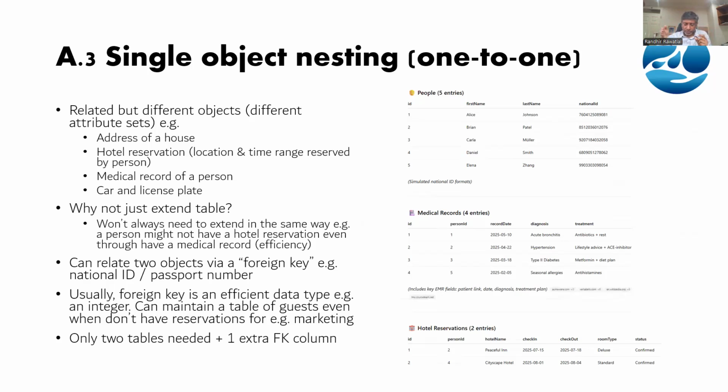So the columns give you the values of the attributes of that thing. For instance, here you've got different people. So the objects here are people, and the attributes, the first name, last name, national ID, those are the attributes of the people. So the row is the object, and the columns are the attributes.